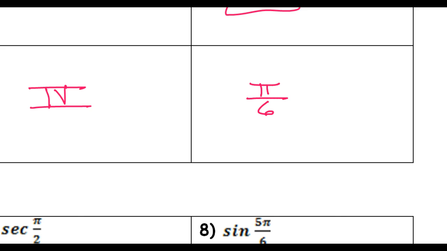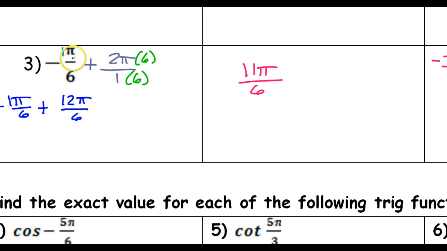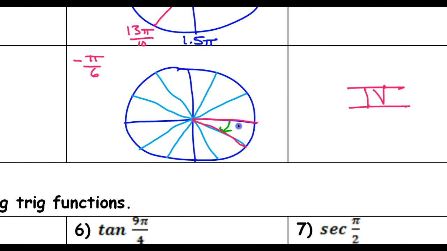It's immediately going to be pi over 6. Alright, 11 pi over 6, pi over 6. Alright, negative pi over 6, pi over 6. Okay, so that's it. If you look at it, you can see the way we drew this, each one of these is pi over 6, including the reference angle here. This would be the reference angle, and it is, in fact, pi over 6.